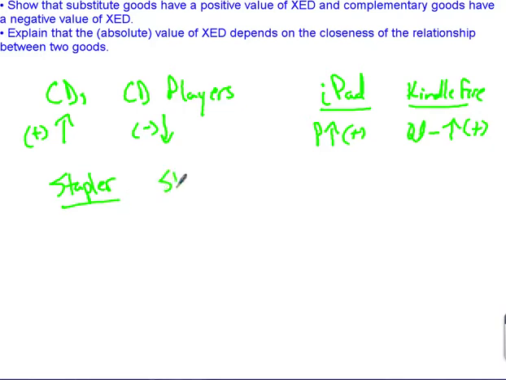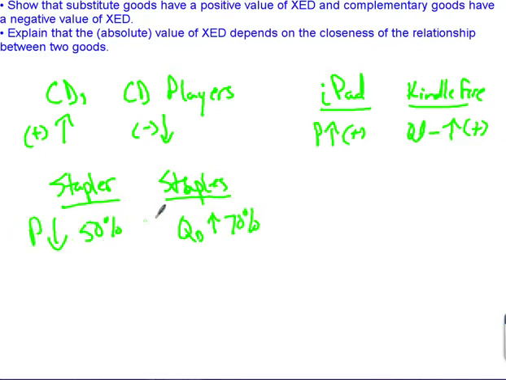A stapler and staples. So if the price of a stapler goes down 50%, what's going to happen to the quantity demanded of staples? You would expect the quantity demanded to go up. Let's say it goes up 70%. All right, so the price goes down, and so here we have a negative value, and this is a positive value here.